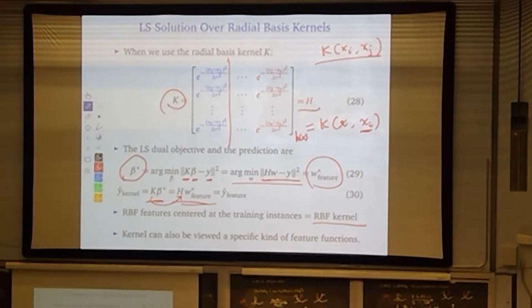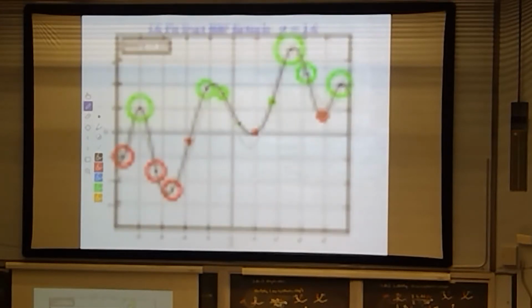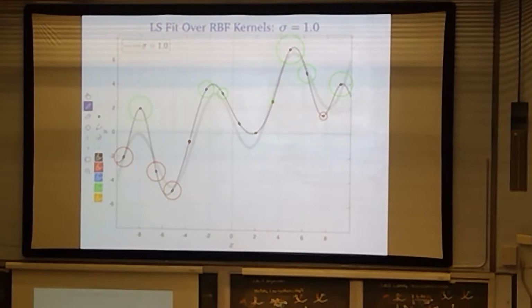And kernel can also be viewed as a specific kind of feature function. With this view, I hope you can see the connection between different approaches. Even though kernel is an implicit lifting, it has a very nice intuition if you think about least-square regression over nonlinear features. That is, when I see this, how do I interpret this beta value?